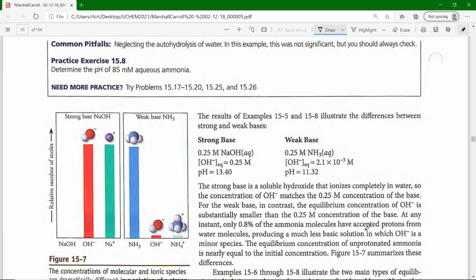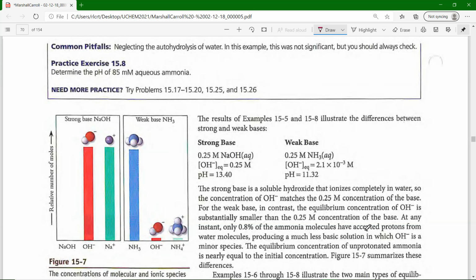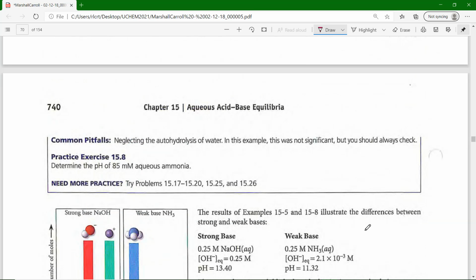And 15.8, you can try that one on your own. 85 millimolar. So that's 85 by 10 to the minus 3, so 0.085.